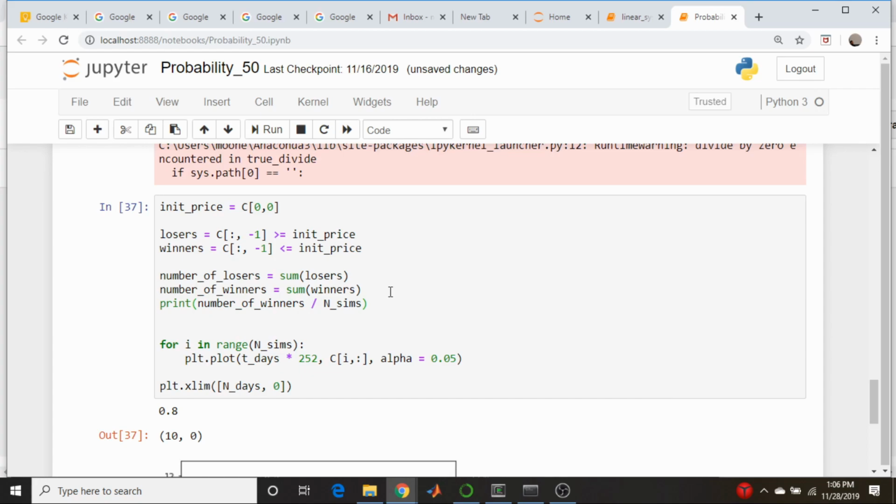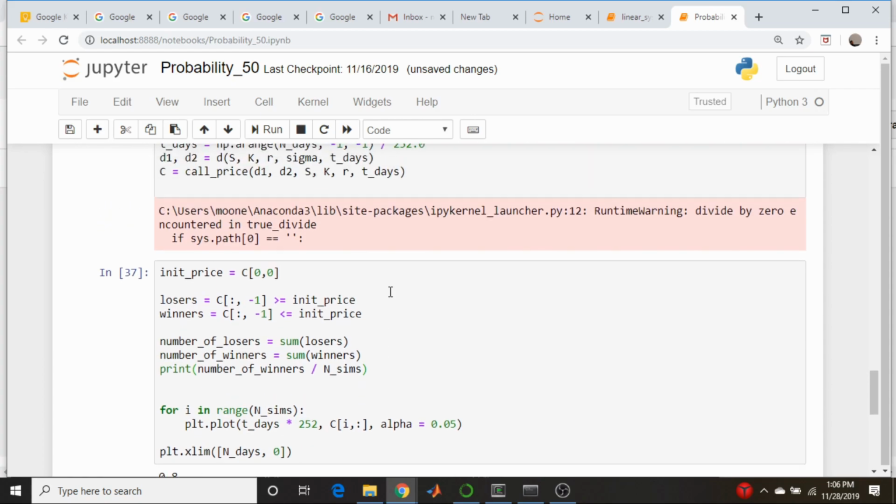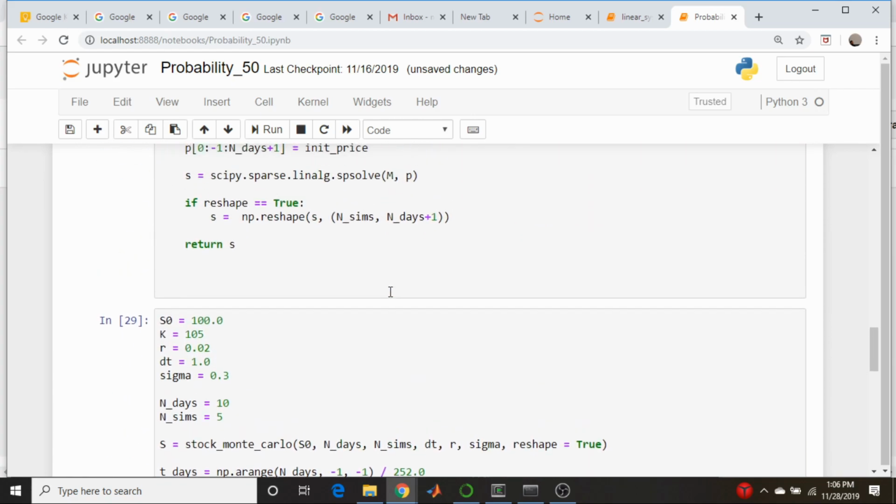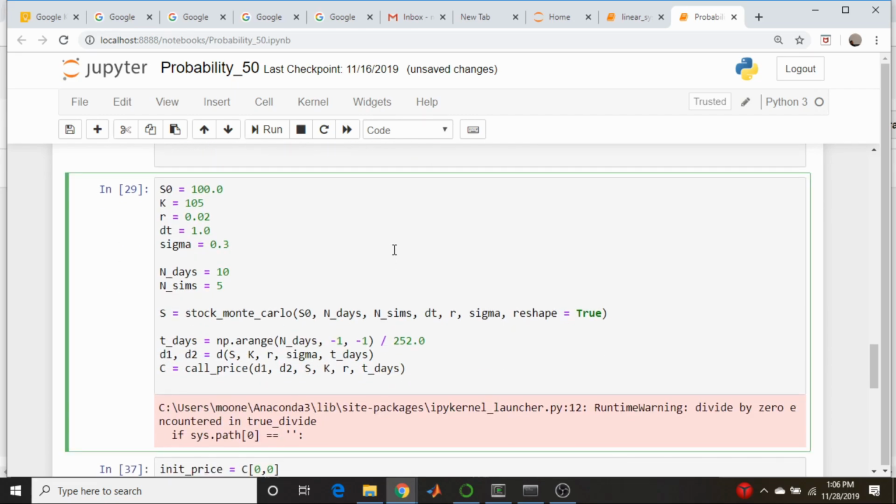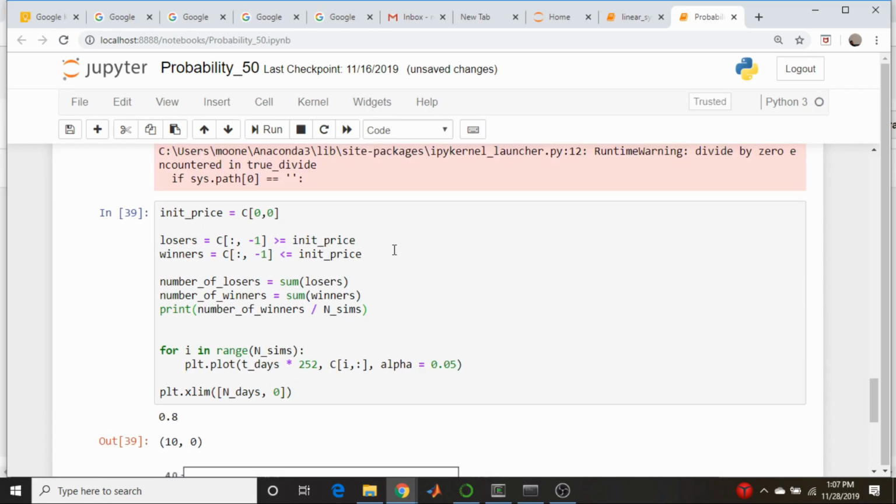And since we only did 5 simulations, and one of them happened to come out a loser, so 1/5 is a loser, or 4/5 is our winners, or 80%. So if we actually run this simulation again, we should get slightly different numbers. Not in this case, but for a large number of runs, you probably will get slightly different numbers per iteration.